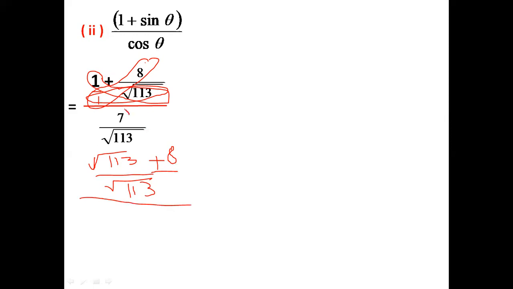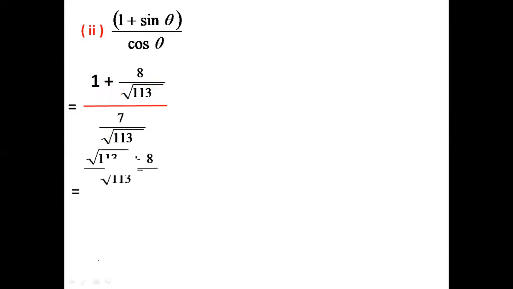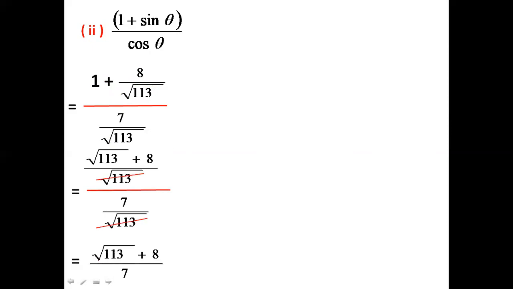Divided by, write as it is, 7 by under root 113. So next step is (root 113 plus 8) by under root 113, divided by 7 by root 113. Here under root 113 gets cancelled. So the remaining is (under root 113 plus 8) by 7. This is the answer for the second question.